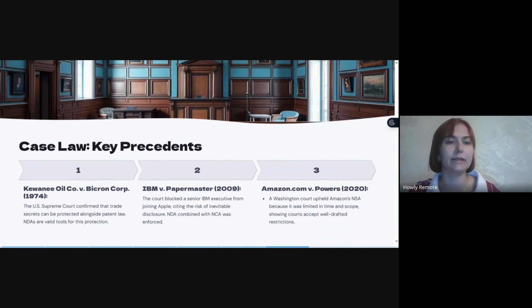The next case, IBM versus Papermaster. This case is an example of the inevitable disclosure doctrine in action. Mark Papermaster was a high-level executive at IBM. He accepted a new job at Apple, a competitor.